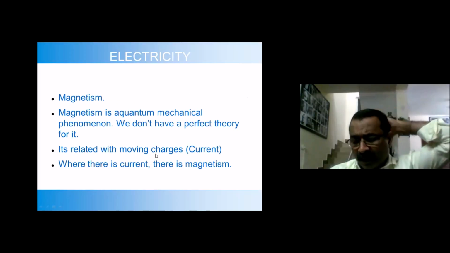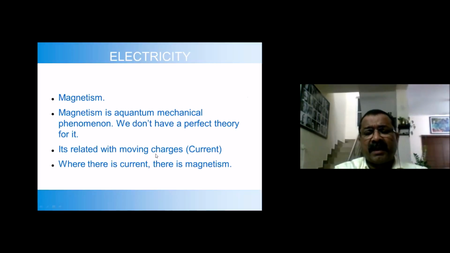So uncle was telling something about electrical field and electrical potential and all those things. So right now, let us move over to magnetism. Magnetism is basically a quantum mechanical phenomenon. And strictly speaking, we don't have a perfect theory for magnetism.